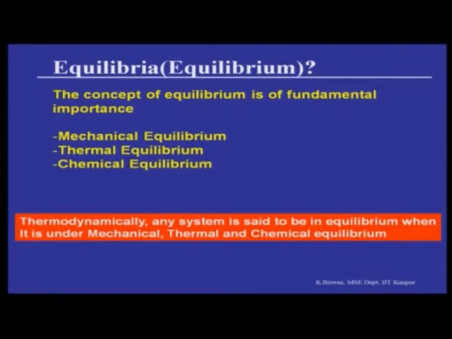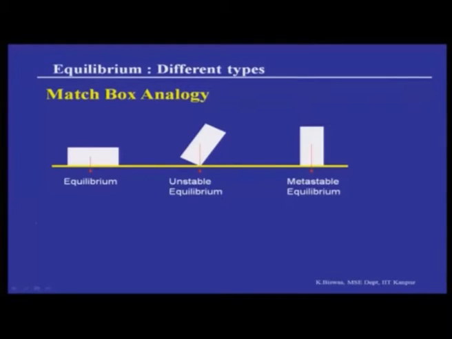So what is mechanical equilibrium? Let us now discuss the matchbox analogy of mechanical equilibrium. You know, a matchbox has 6 faces. If you take a matchbox and check, there are 6 faces, 2 wide faces and 4 small faces.